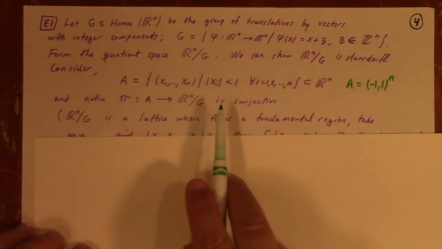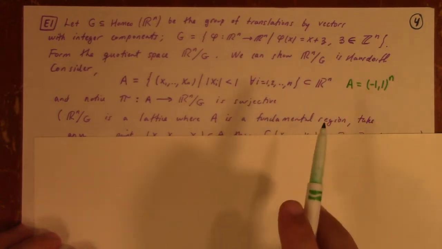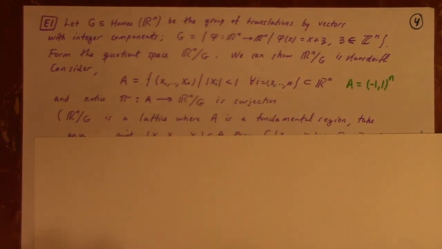Because that's how you get absolute value less than 1 for all the components in that hypercube.